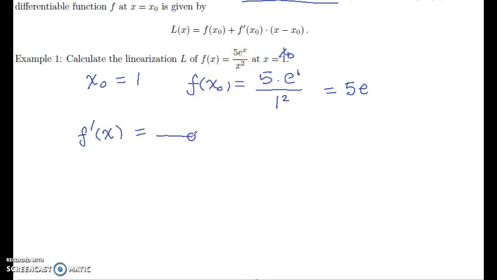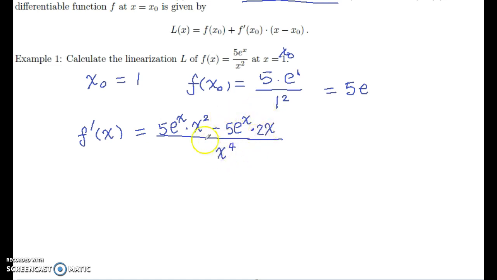So the quotient rule tells us the derivative of the numerator, so it's 5 times the derivative of e to the x, which is the same as itself, times the denominator x squared, subtract the numerator 5e to the x times the derivative of the denominator. What's the derivative of x squared? It's 2x. Then all over x to the fourth power.